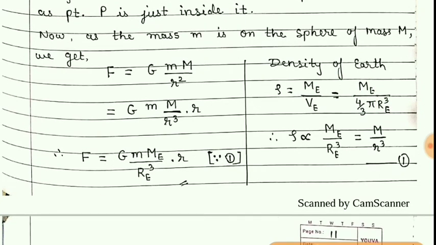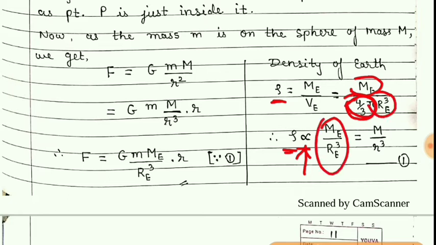Here we know that 4 by 3 pi are constant, so if we remove the constant then we can put the proportionality sign, and what remains here is m upon r cube. So we can write that density is proportional to mass upon radius cube.